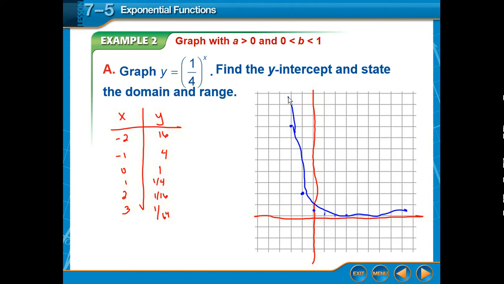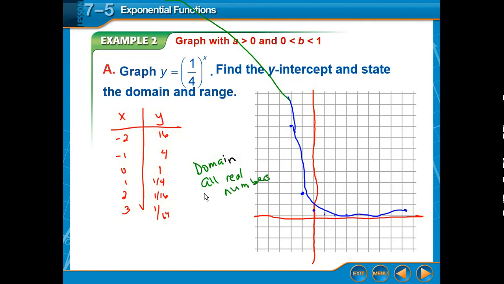All right, so again, looking at this, I want to find the domain and range. So domain, anywhere I go along the x-axis, there's going to be a blue line somewhere if I go straight up and down, because this is just going to keep going and going that way. Even though you can't see it, eventually it's going to be over there. It's not going to be that quick. But anyway, so your domain is still going to be all real numbers.